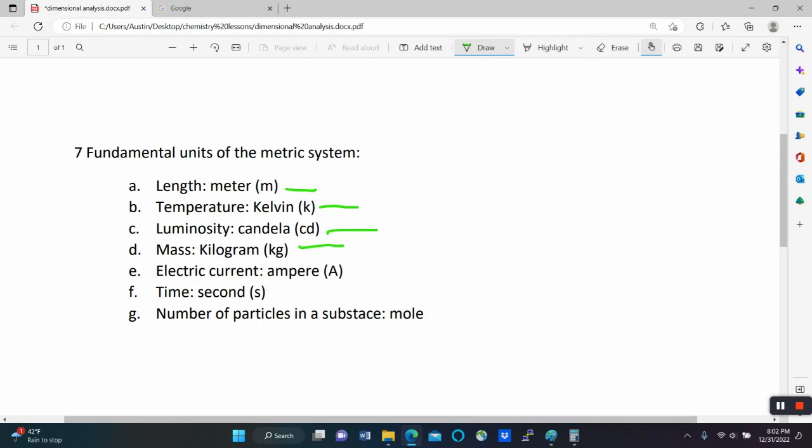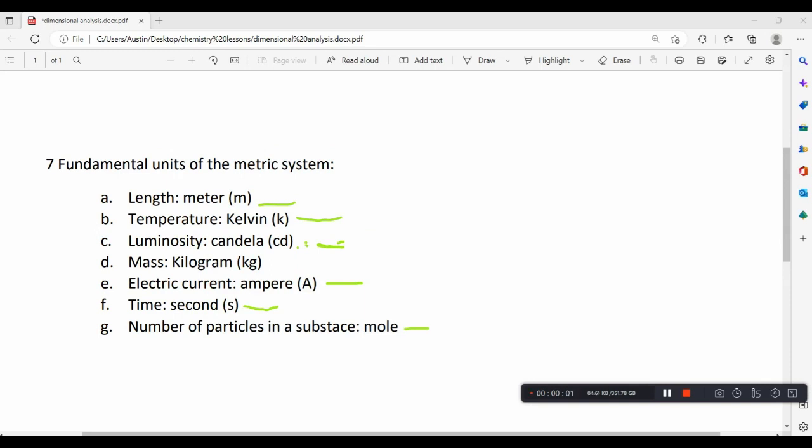The kilogram is the fundamental unit for mass. Amperes are the fundamental unit for electrical current. Seconds are the fundamental unit for time. And moles are the fundamental unit for quantity. Collectively, these are the only 7 fundamental units in the entire metric system.